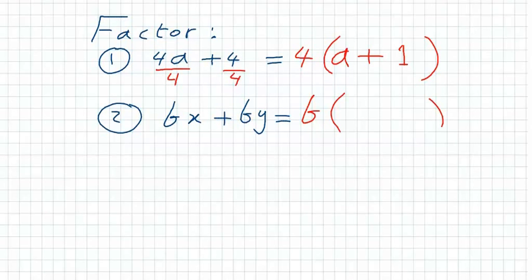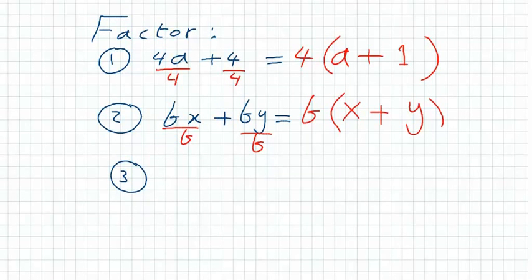If you divide the first term by b, it is going to be x. If you divide the second term by b, it will be y. And this is the factorization for this expression.